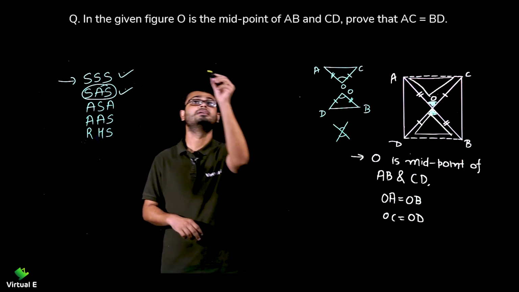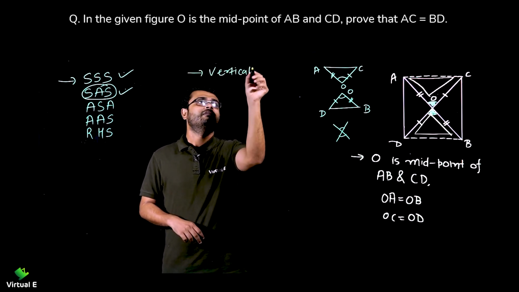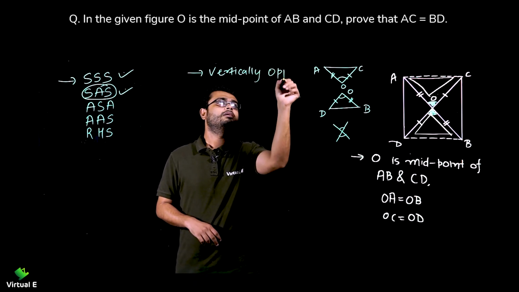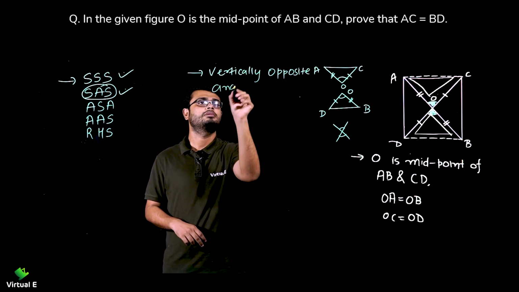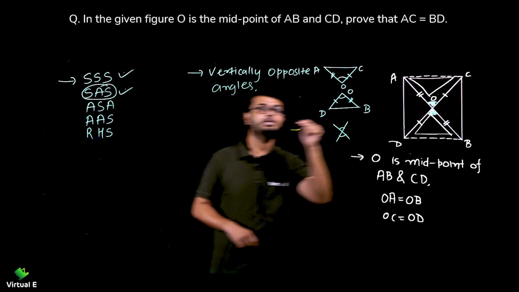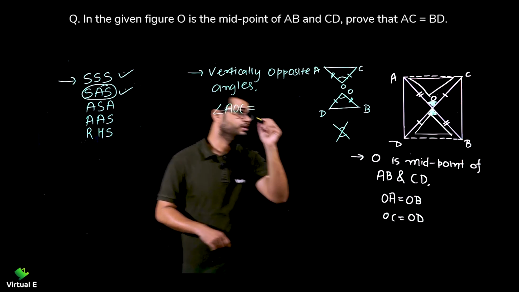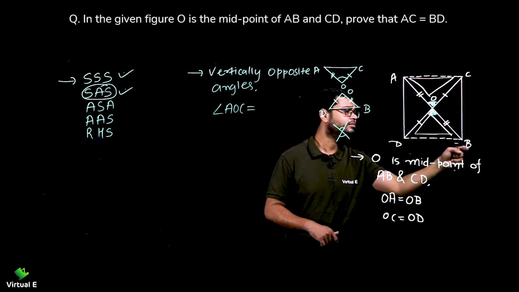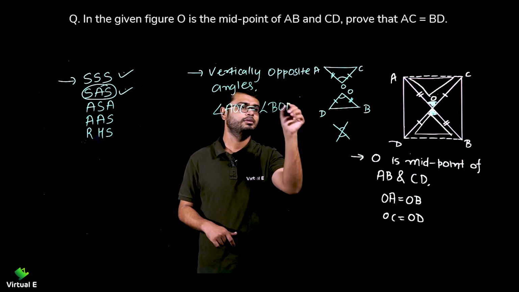So let's mention that vertically opposite angles. So we can write angle AOC is equal to angle BOD.